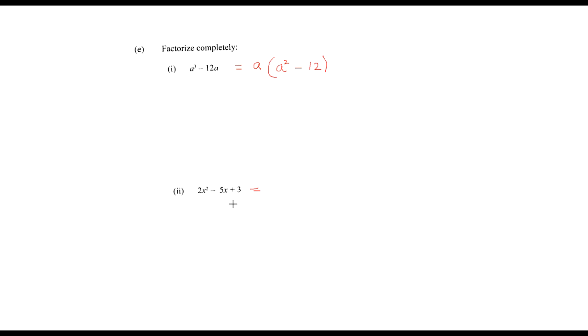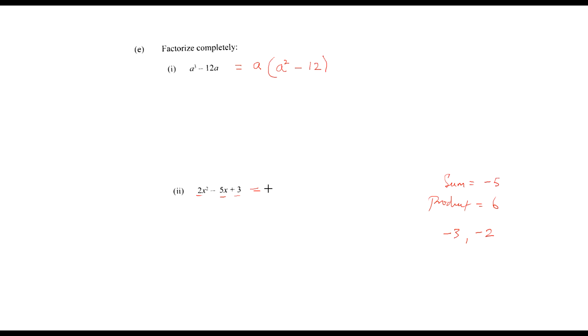Some people can just look at it and factorize it, but we'll use the method that I taught you all in another video. So we are looking for 2 numbers whose sum is minus 5 and whose product is 6. So if we take, let's say, minus 3 and minus 2. Minus 3 multiplied by minus 2 will give me plus 6, and minus 3 minus 2 will give me minus 5. So these are the 2 numbers we are looking for.